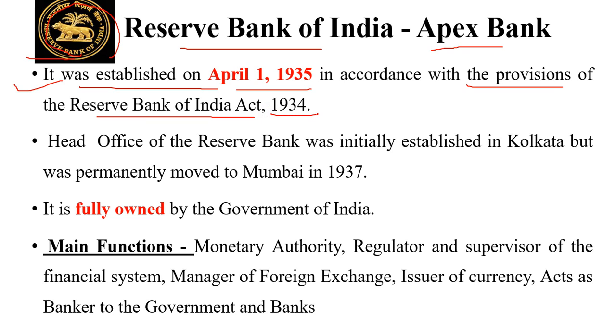It was established on the recommendation of Hilton Young Commission. The head office of Reserve Bank of India was initially established in Kolkata. Then it was permanently moved to Mumbai in the year 1937. It was nationalized on 1st January 1949.